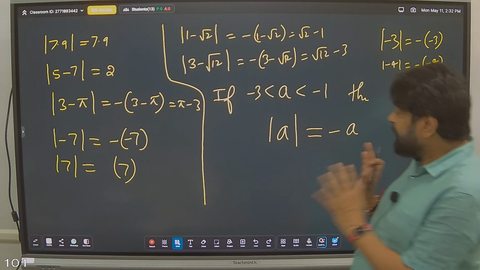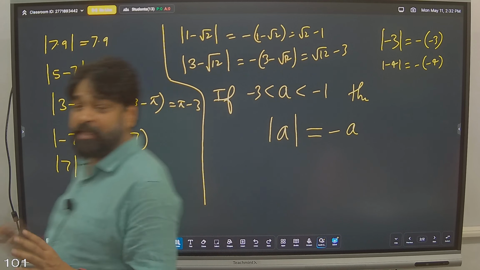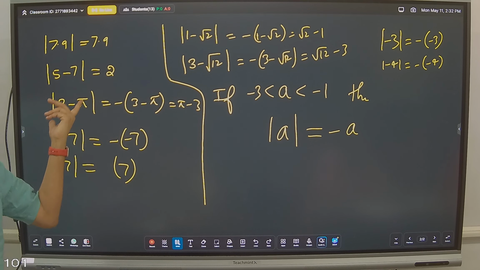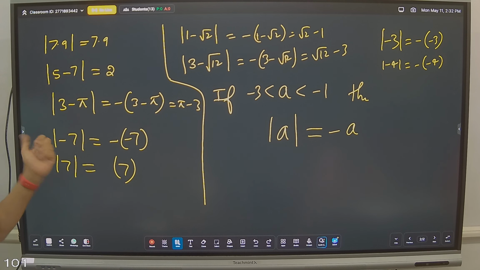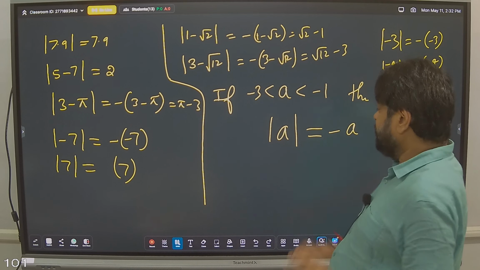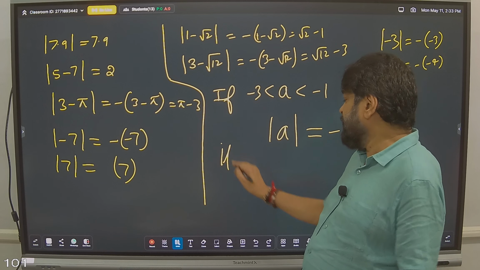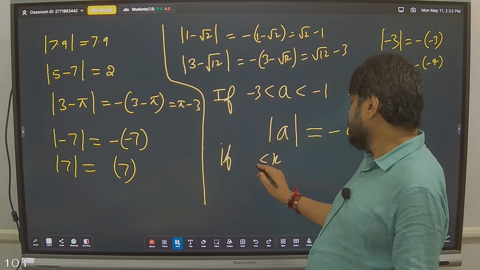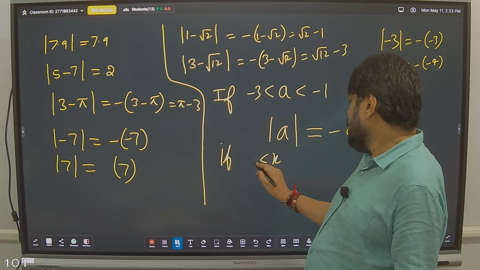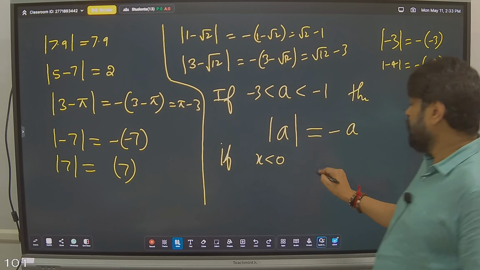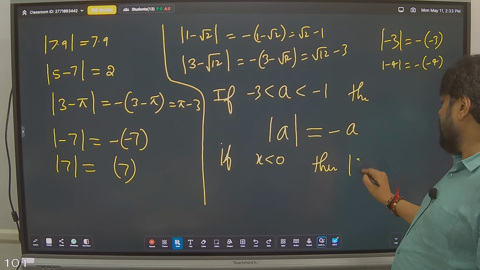Mathematics, again I told you, is a very simple subject. But the problem is that people learn mathematics in different ways. Learn the proper way and it will not be a problem. Now, if x is less than 0, then tell me mod x will be what?